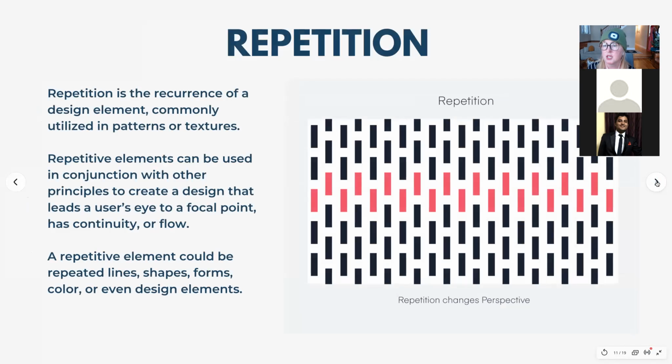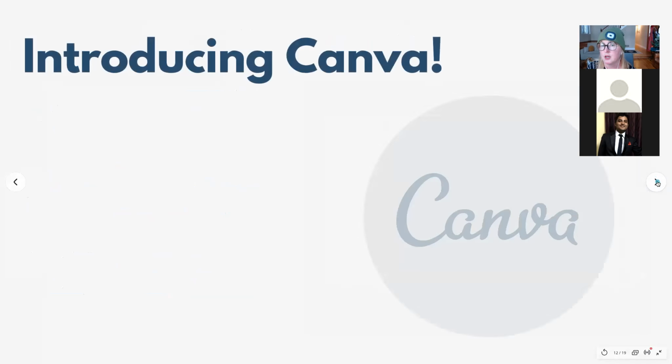Repetition, very much like emphasis in that it creates a rhythm, a pattern that a viewer is looking for, which can sometimes help create balance or sometimes help draw attention to a particular part if you break a repetition, right? But it could be repeated lines, shapes, colors, etc. This is all really basic design elements vocabulary.